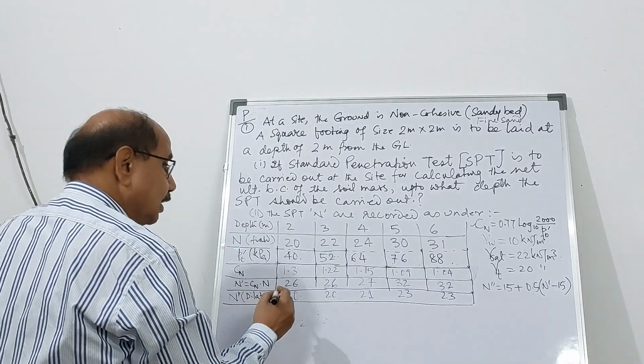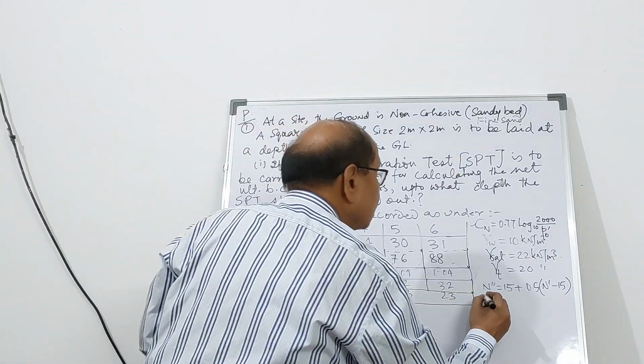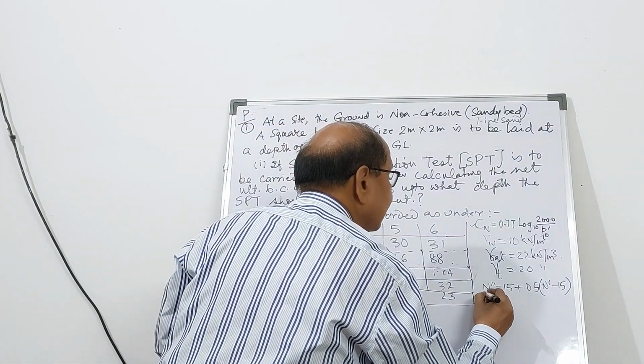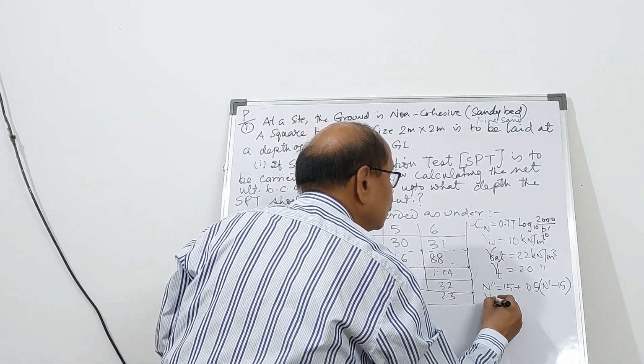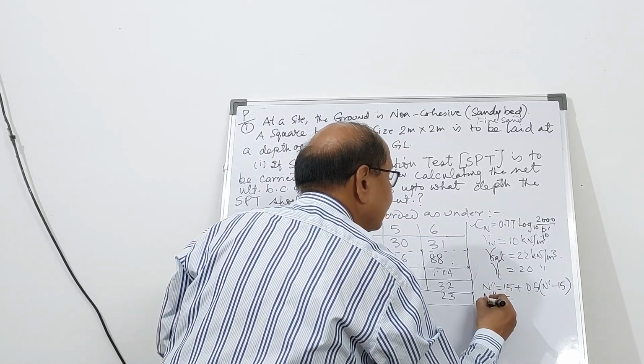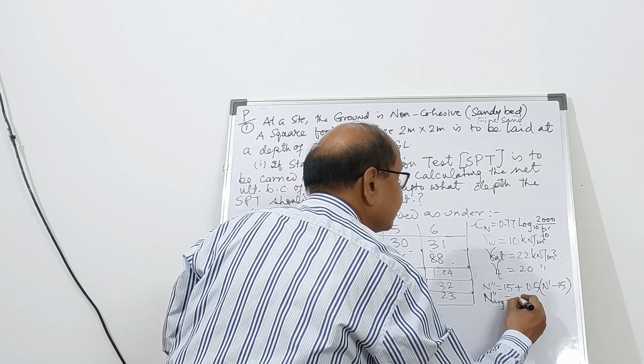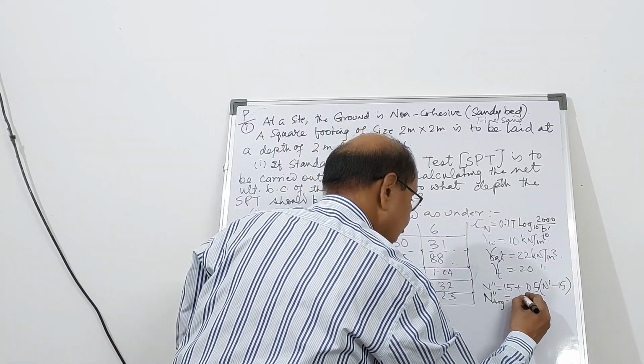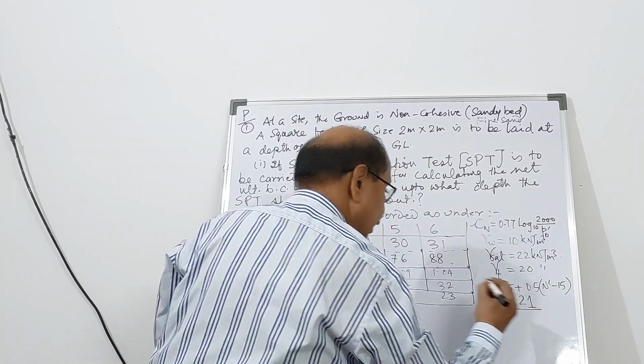So the final average value of the number of blows is coming out to be 21 blows. So this is the final value.